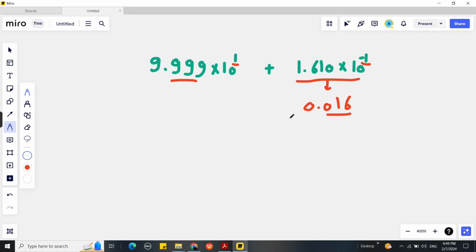So this means we lost precision, because this digit is in the original number, but we cannot keep it because it would take more space, and this is not how scientific notation works. So basically, this is going to be 0.016 times 10 power 1.